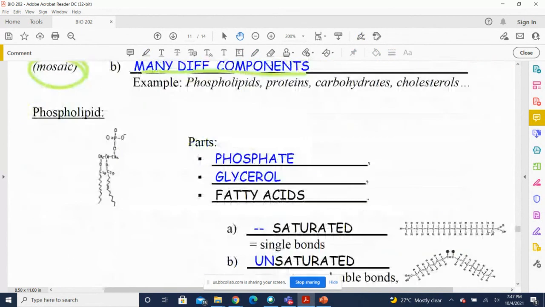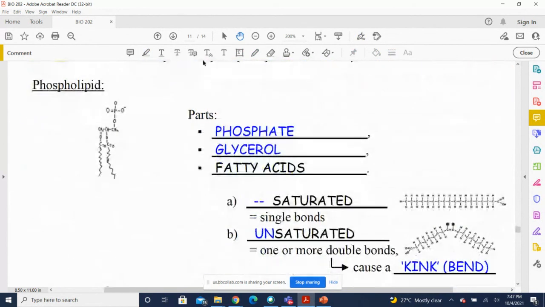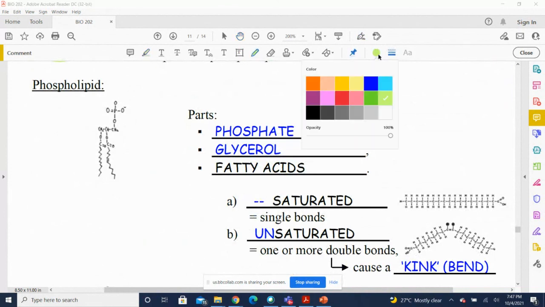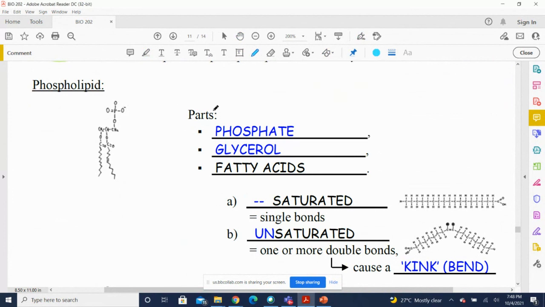We have discussed already, even on this study guide, the phospholipid and the different parts that make phospholipids. So if I was revising for a test, since it gets mentioned so many times, that might be something important to know. What is a phospholipid made of?